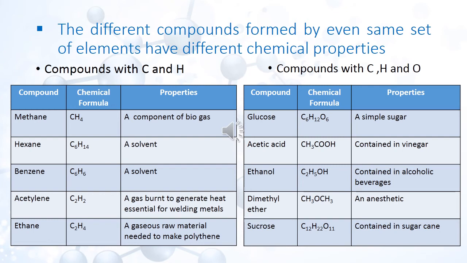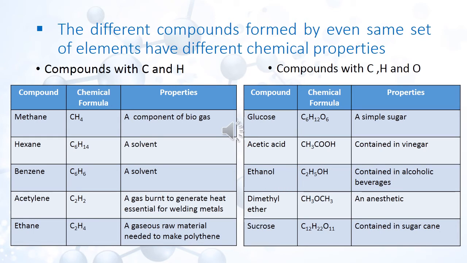You can see in this table there are 5 compounds: methane, hexane, benzene, acetylene and ethene. All these compounds are made up of carbon and hydrogen, but in different ratios. These compounds show different properties, even though they are made up of the same set of elements.